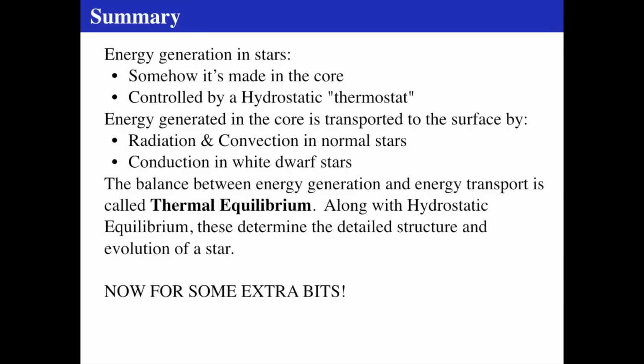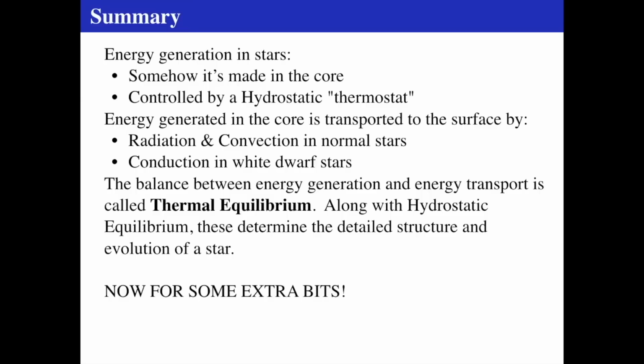And then there's hydrostatic equilibrium, which is different from thermal equilibrium. Hydrostatic equilibrium means that stuff is not moving up or down. It's not contracting or expanding. Thermal equilibrium means there is a balance between the amount of energy being produced and the amount of energy being emitted. So thermal equilibrium is energy production and emission.